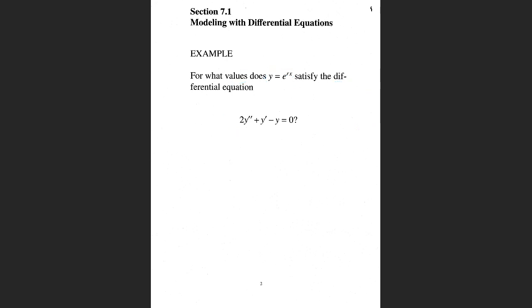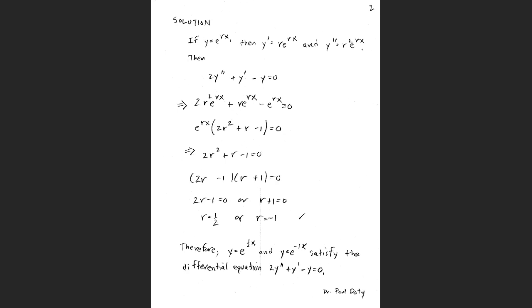So let me show you here. We've established what y and its first two derivatives are, and here's where we substitute them in the differential equation. Now we're hoping to solve for r. So really this is an exercise in just understanding what a differential equation is.